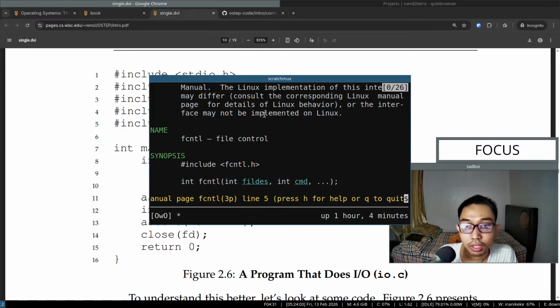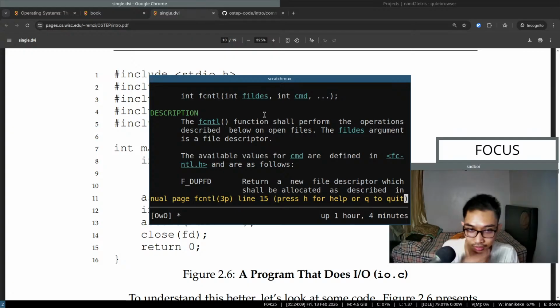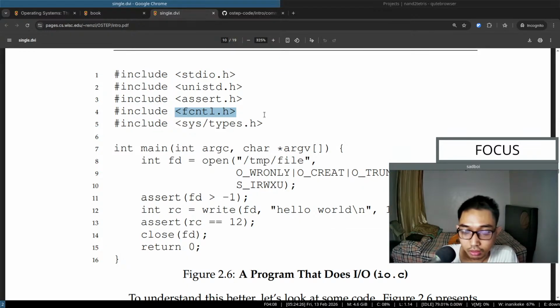Oh, file control. Okay. It shall perform the operation described below on an open file. It takes a file descriptor. Oh, okay. File control.